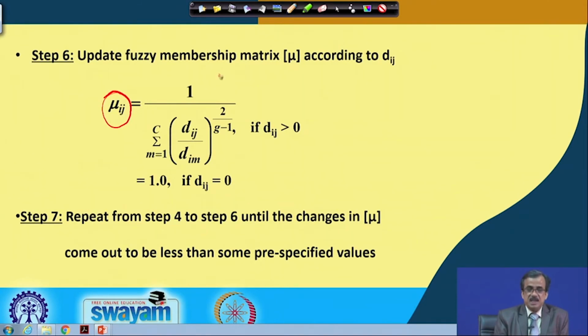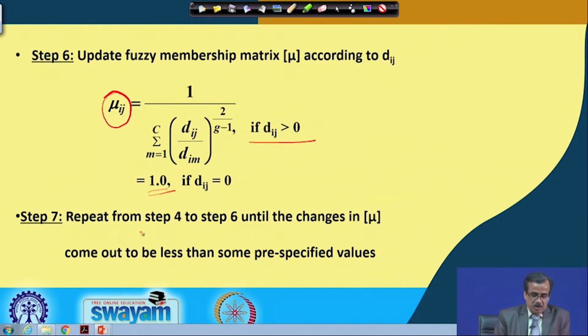Now, this mu ij is nothing but 1 divided by summation m equals 1 to C, C is the total number of clusters, dij divided by dim raised to the power 2 divided by g minus 1, if dij is found to be greater than 0. And if dij is found to be 0, then what happens? The distance between the 2 points is 0, that means the similarity is the maximum and mu ij will become equal to 1.0.